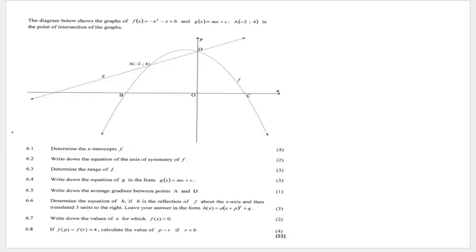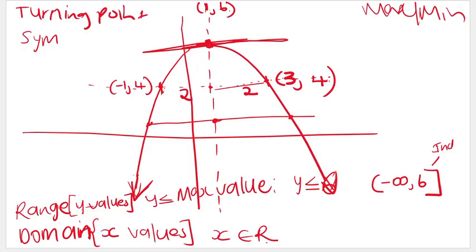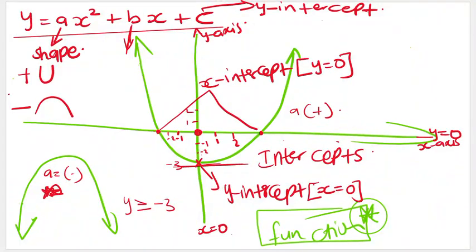That is how you are going to write the range and the domain. The domain is always x element of real numbers for as long as the graph is not limited. If there are arrows, it means the graph continues. So the domain will always be x element of real numbers. The range will depend on the maximum and minimum value.